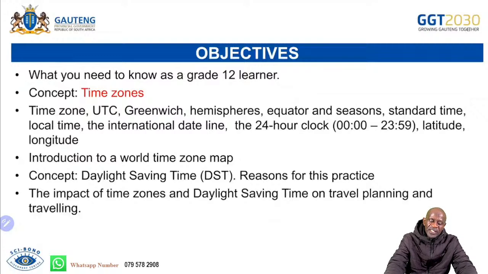one of which is the UTC, the concept Greenwich, hemispheres, the equator, and seasons, standard local time, the international dateline, the 24-hour clock, which is 00:00 to 23:59. 59 minutes, I'm sorry.